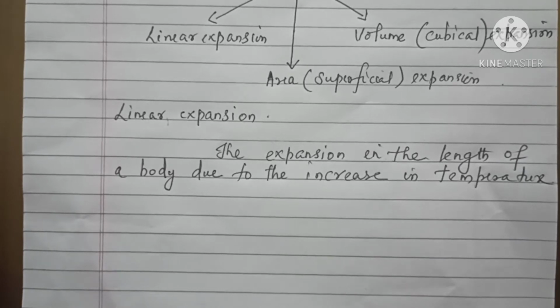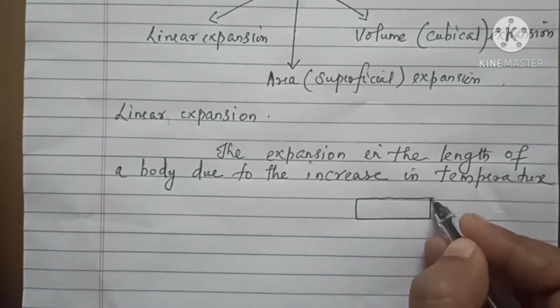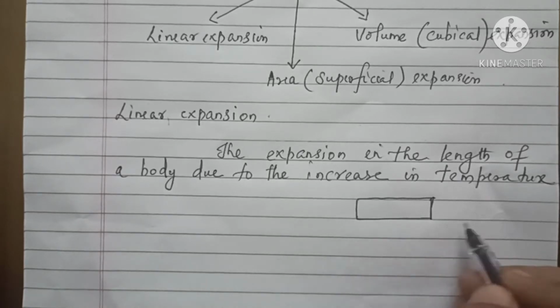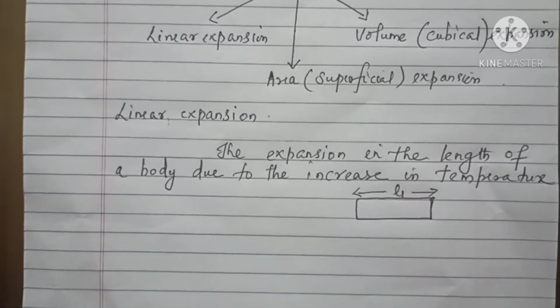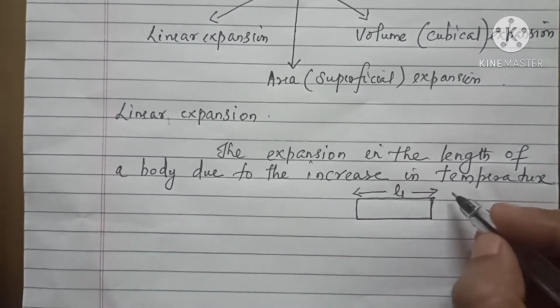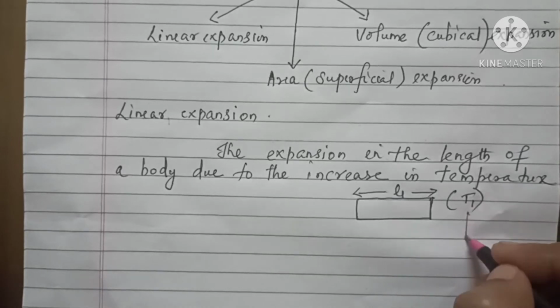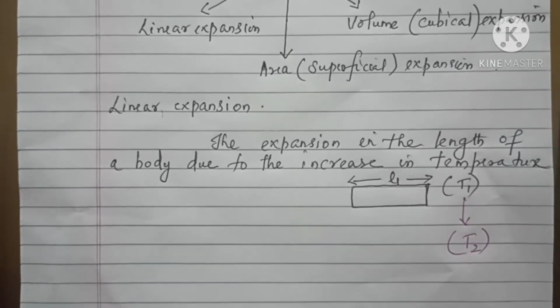For example, if you are considering a rod like this, clear. So starting, its length was L1. This was the original length at temperature, let it be T1. And when you increase the temperature, let the temperature change from T1 to T2.